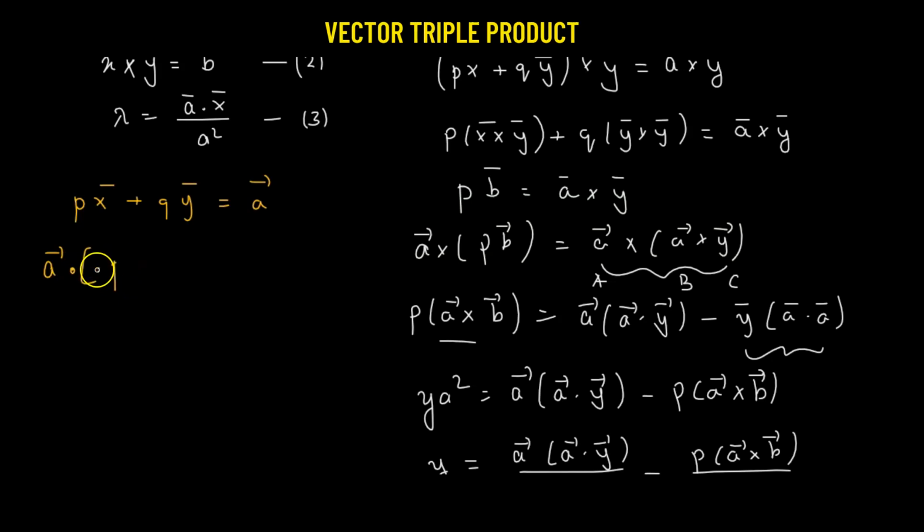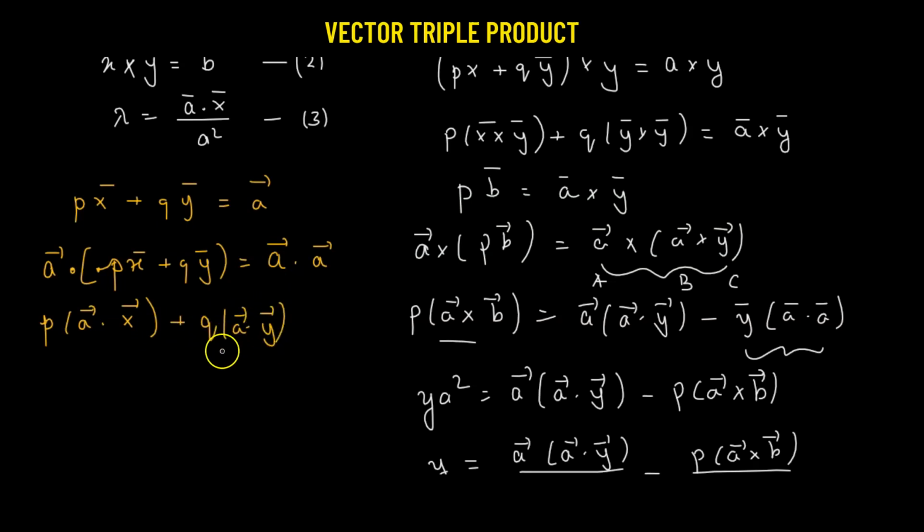This is p x vector plus q y vector dotted with a vector, equals a vector dotted with vector a. Let's expand this. We have p times a vector dotted with x vector, plus q times a vector dotted with y vector. If we isolate this, we can obtain the value of a vector dot y vector. And a vector dot a vector is simply a squared.